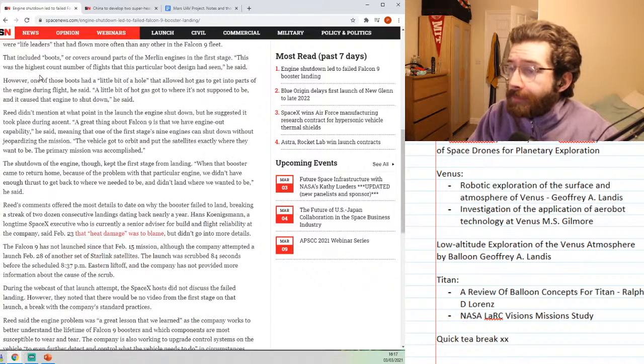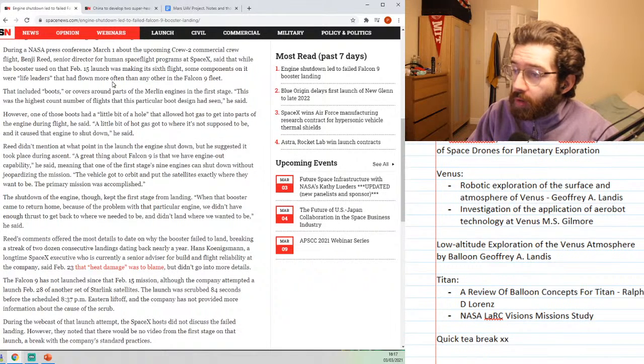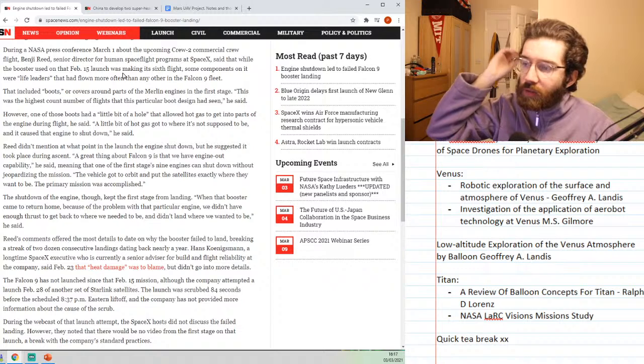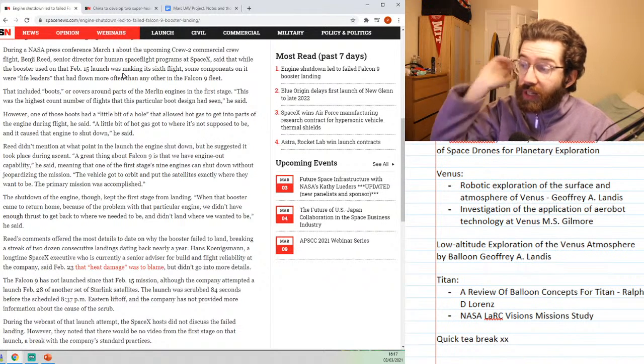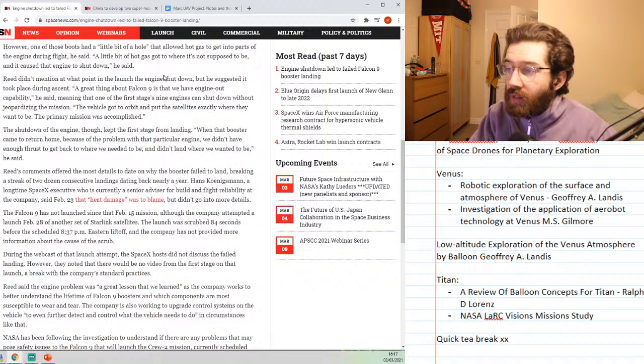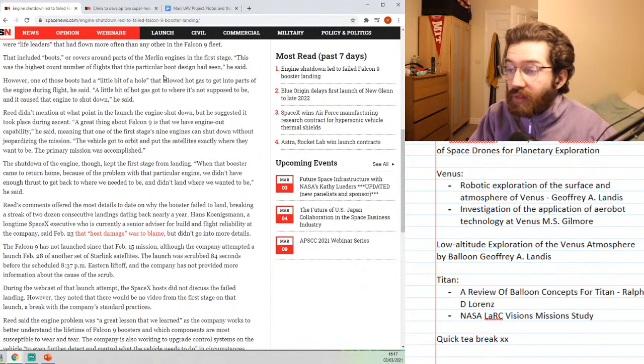That included boots or covers around parts of the Merlin engines in the first stage. This was the highest count number of flights that this particular boot design had seen. However, one of those boots had a little bit of a hole that allowed hot gas to get into parts of the engine during flight. A little bit of the hot gas got to where it's not supposed to be, and it caused that engine to shut down. So, while they had tried and tested pieces, maybe they were a little bit too tested. Maybe they were a little bit too tried.